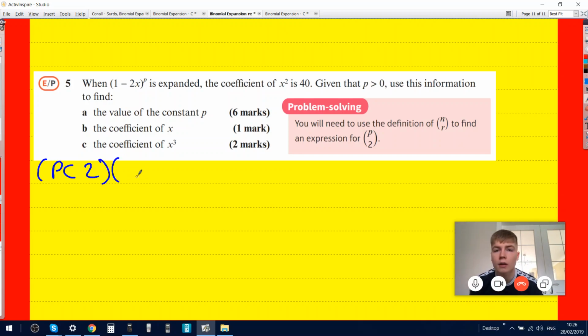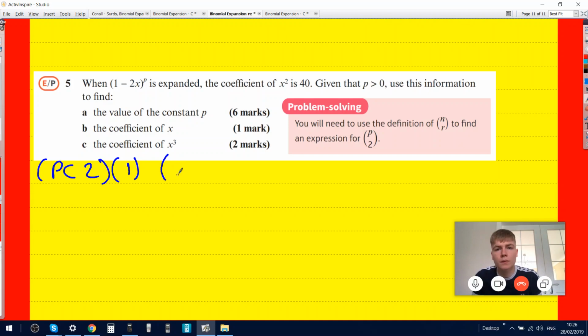And then 1. That'd be 1 squared, would it? Oh, I don't know. No. To the power p. That would be the first one.